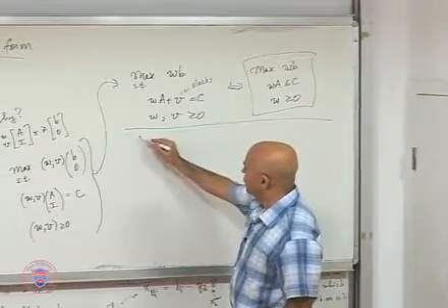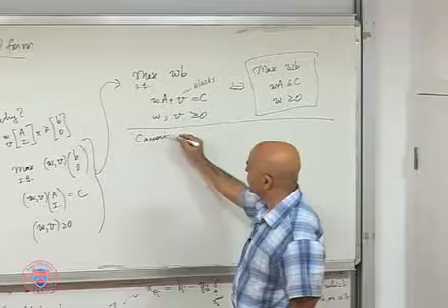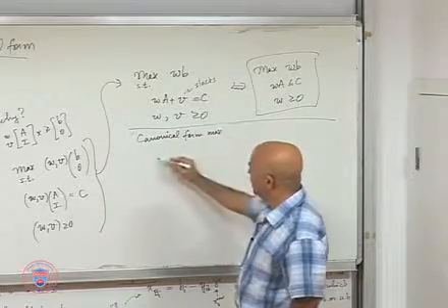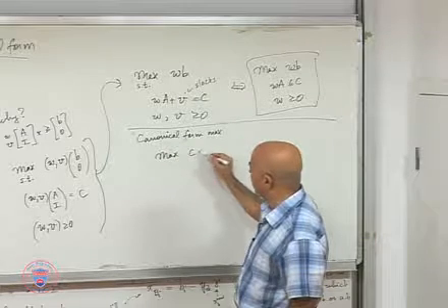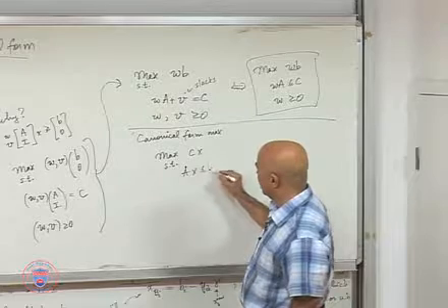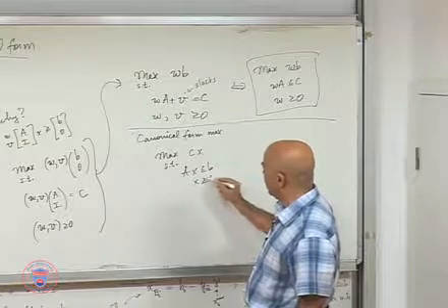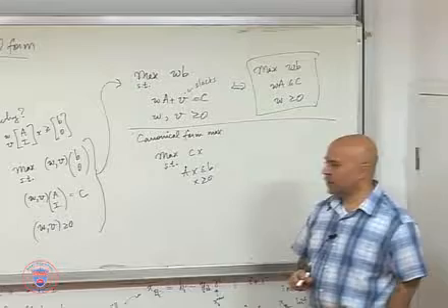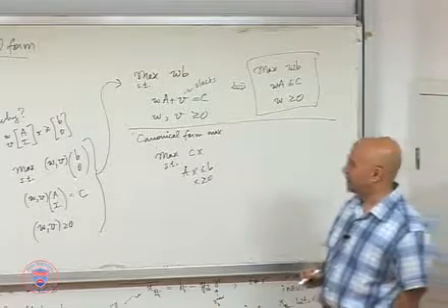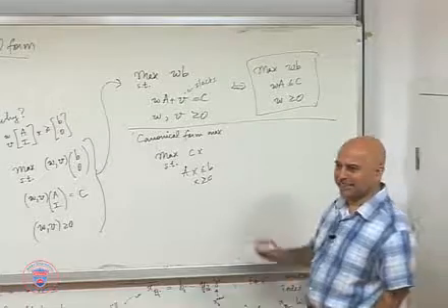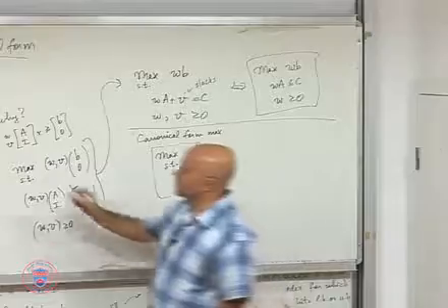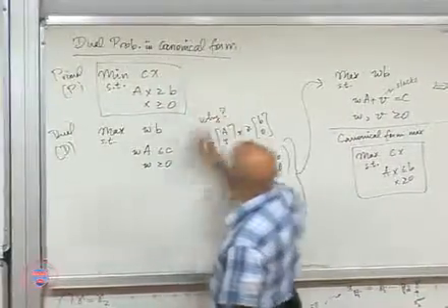The canonical form maximization is just the maximization of Cx subject to Ax less than or equal to b with x greater than or equal to 0. I must have given you these at the beginning of the course. Did I give them? Okay, yeah, I remember all of a sudden. So that's the canonical form maximization, and this is the canonical form minimization.